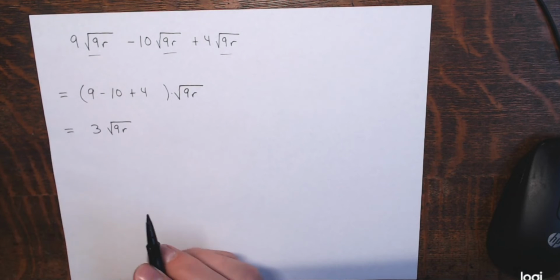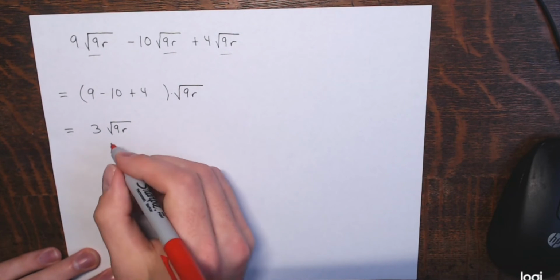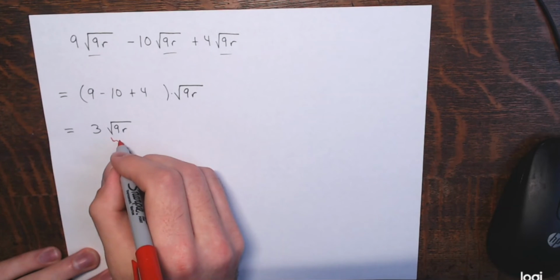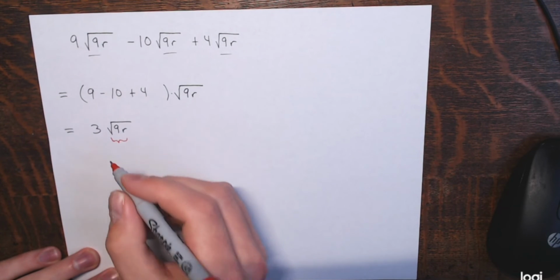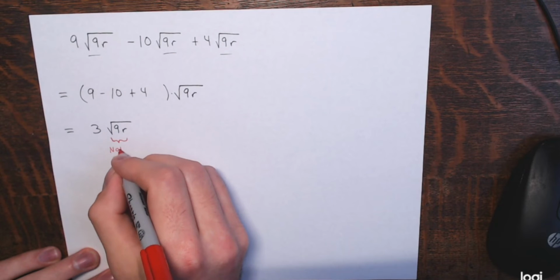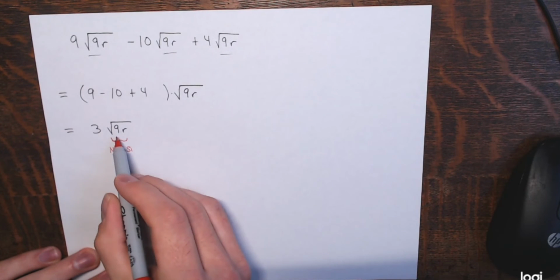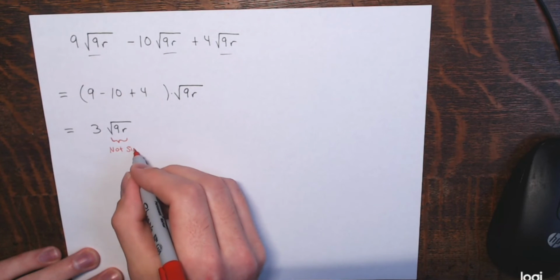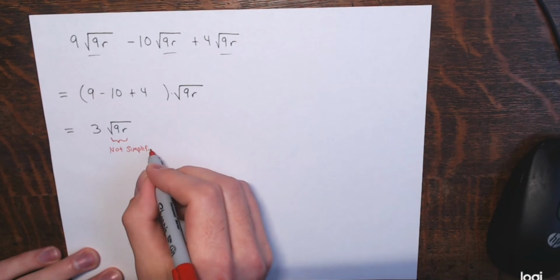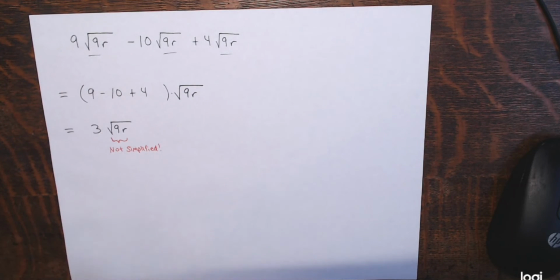But they do ask us to totally simplify. This square root is not simplified. So that means, because there's a factor that's a perfect square. 9 is a perfect square. And you're asked to simplify the expression. Well, that's easy to fix.